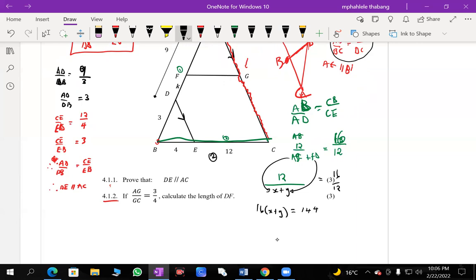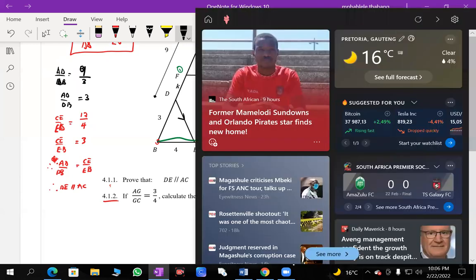Cross multiply. I think you have to cross multiply here.